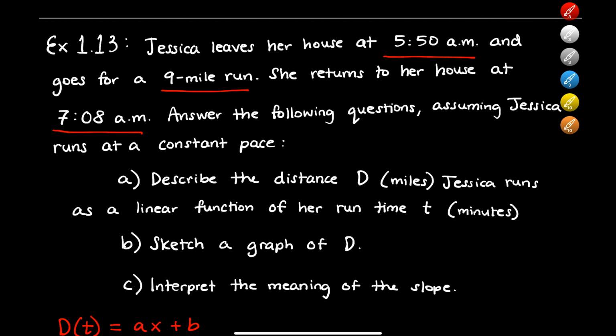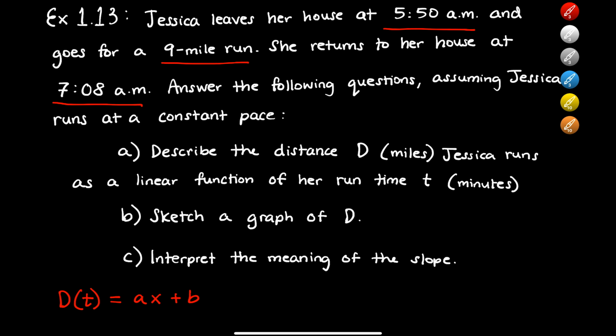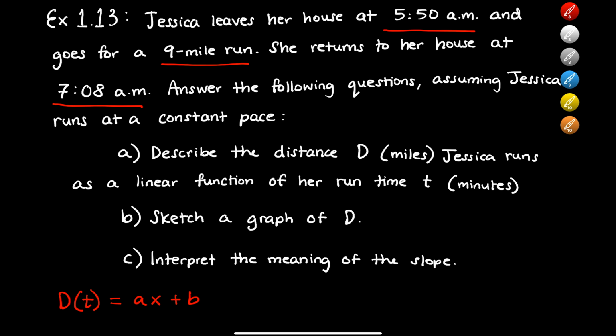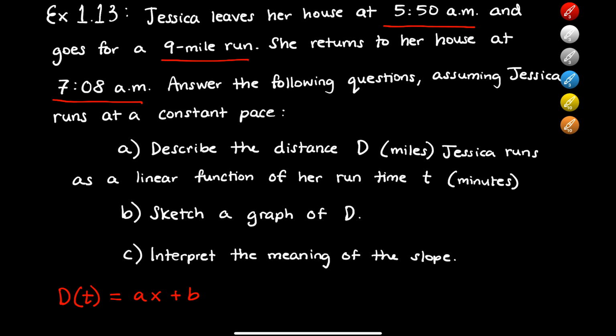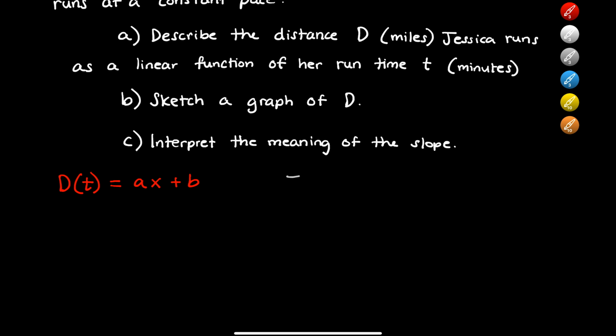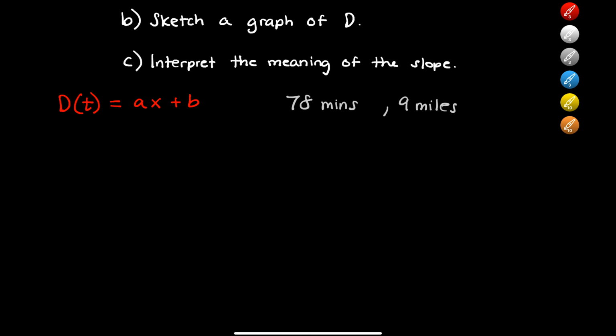So based off the information in the question, we can calculate how long it took for her to run 9 miles. And by calculating it, you would see that she took 78 minutes to run 9 miles. So already we could see that we could create a point.